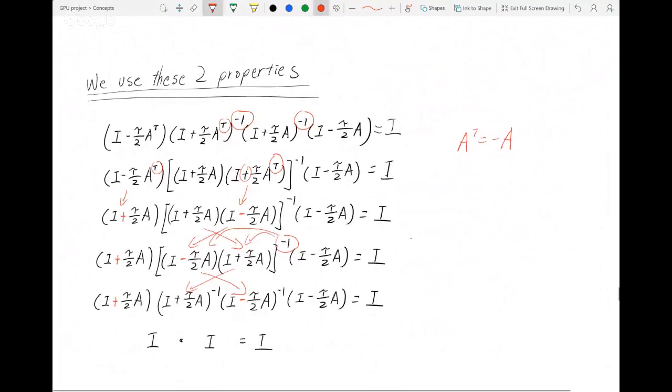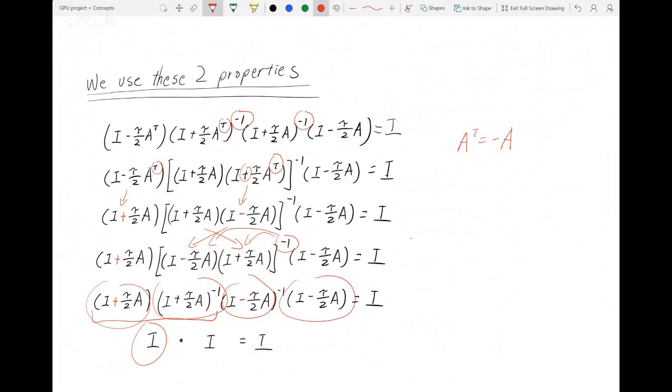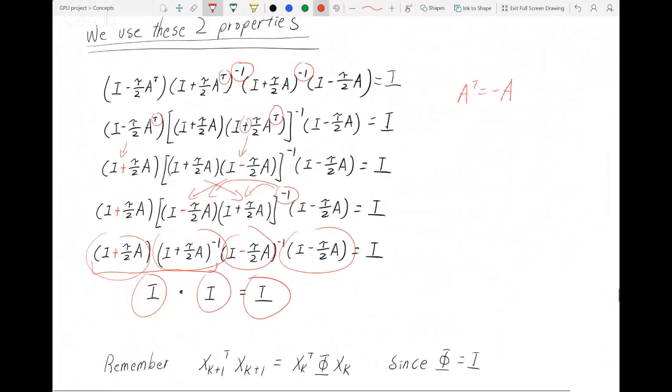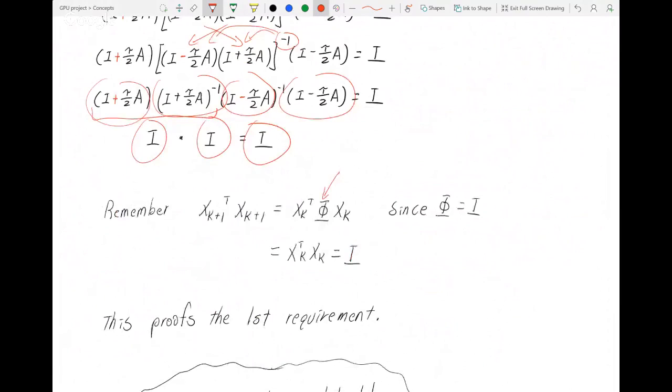You can see that when you multiply this, you multiply by its inverse, right? This times its own inverse, which is identity. This times its own inverse, which is identity. Of course, identity times identity is identity. And we have proved it. Essentially, we've shown that this right here is an identity.